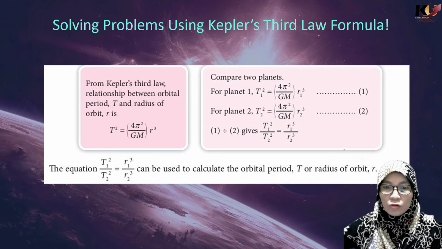For planet 2, T2 square equal to 4 pi square over GM times r2 cube, equation 2. Equation 1 divided by equation 2 gives T1 square over T2 square equal to r1 cube over r2 cube. This equation can be used to calculate the orbital period T for any radius of orbit r.